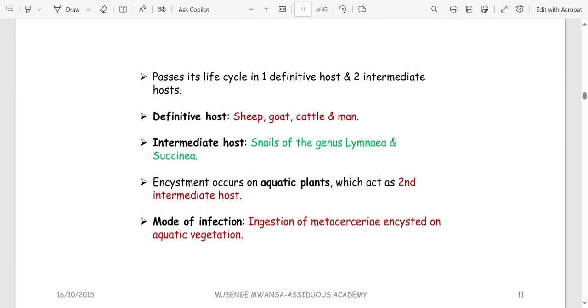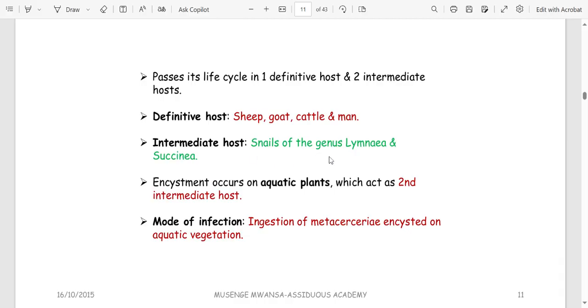When you look at the life cycle of Fasciola hepatica, it passes its life cycle in one definitive host and two intermediate hosts. The definitive host can be a sheep, a goat, cattle, or man. That's where sexual reproduction is going to happen. The intermediate host is a snail.